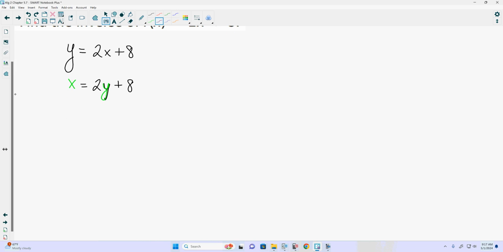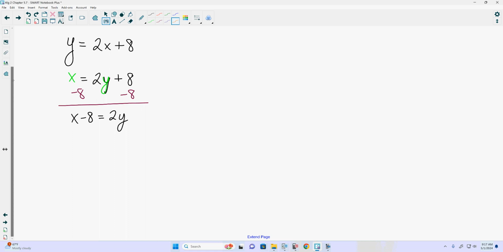And then, yes, our third step is to solve for y. And the first thing we can do is minus 8, giving us x minus 8 is equal to 2y. And then divide both sides by 2, telling us y is equal to x minus 8 over 2.